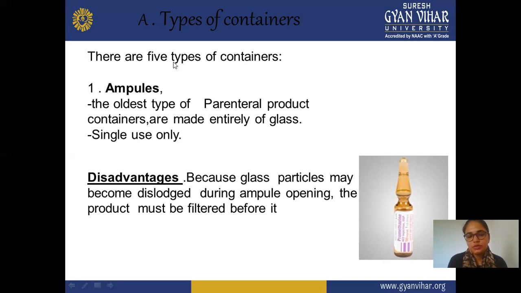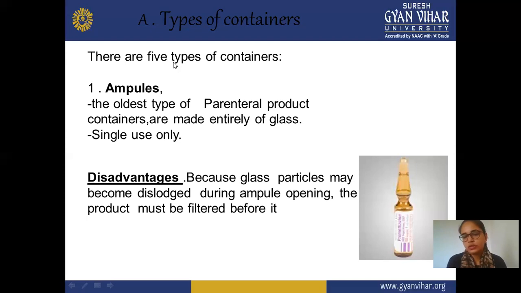You already see in the picture, it is used only once at a time because it has a specific single dose use, and it is made completely of glass. You break it at the top and take precaution that the glass does not come into your formulation. When you administer your dose or your drug, you break down the top of the container and take the required amount of drug from the ampoule.